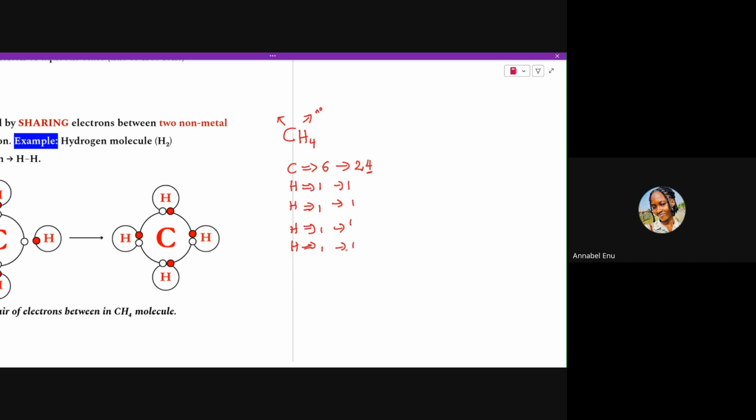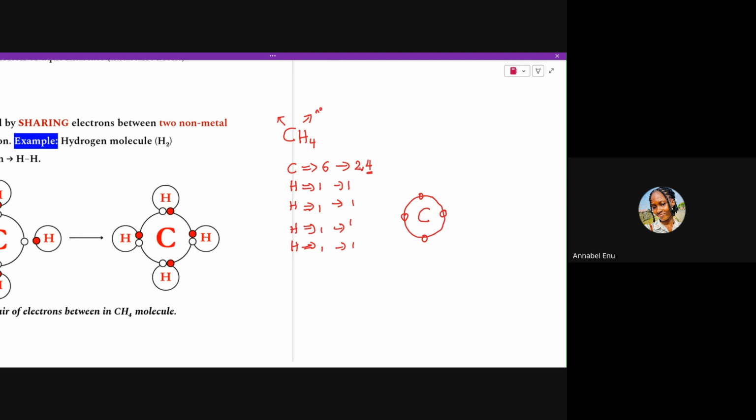So now what happens in covalent bonding is that this carbon, let's say carbon is in this circle. This is the valency of carbon: 1, 2, 3, 4. Remember, it's the outermost shell, this last one, that partakes in bonding, not the 2.